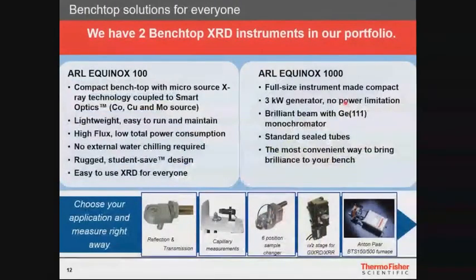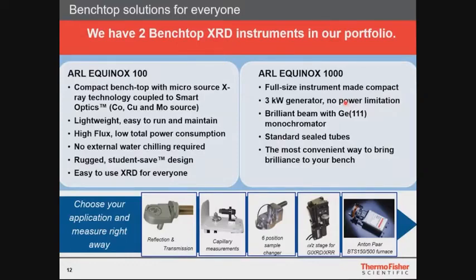To give you a brief overview of our capabilities in benchtop instruments, there are two we can offer. On the one side, there is the Equinox 100, which is a very compact benchtop instrument with a microfocus X-ray source and X-ray mirror optics. The type of radiation we have available is cobalt, copper, and molybdenum.